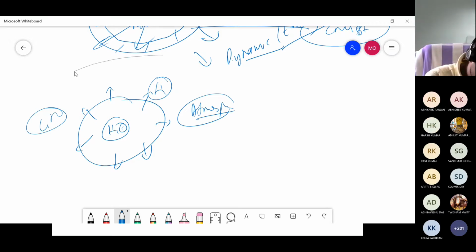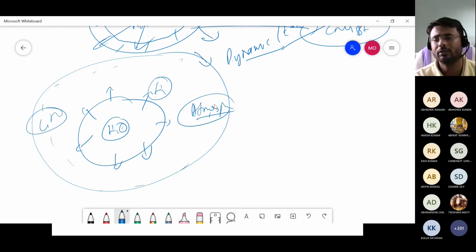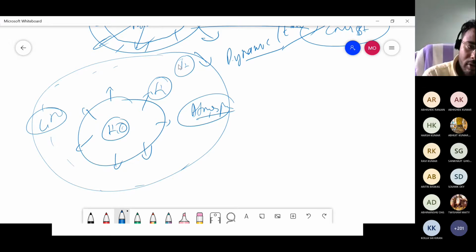Definitely the same H2O that we are talking about, where will it get trapped? It will remain in the atmosphere, right? So this atmosphere, which is having H2O in the form of clouds, after some time, what will happen to this H2O?